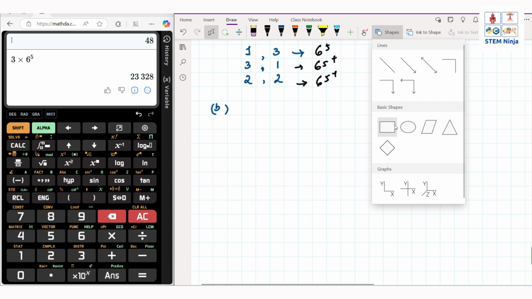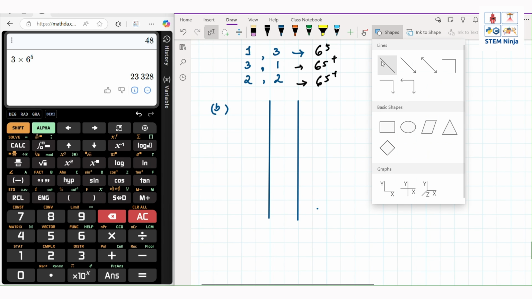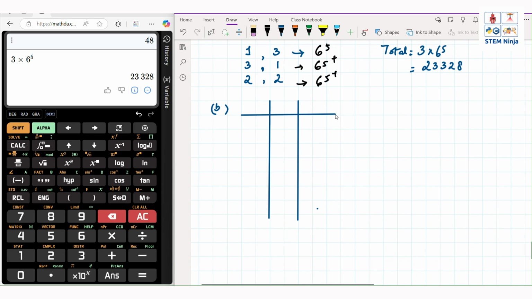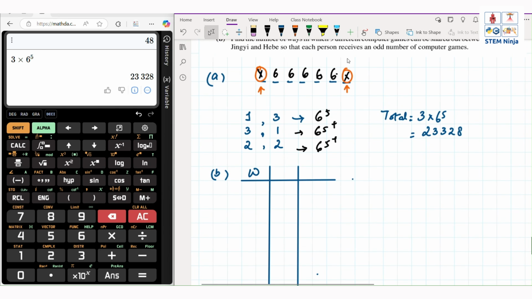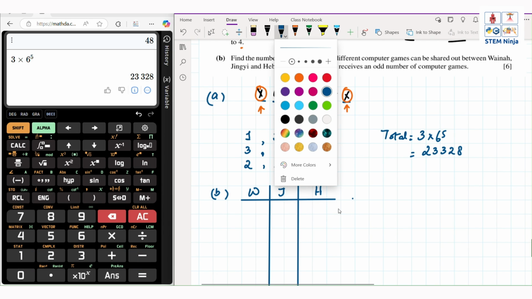So we have the names Waina, Jingi, and Hebe. So we need an odd number distribution over here.